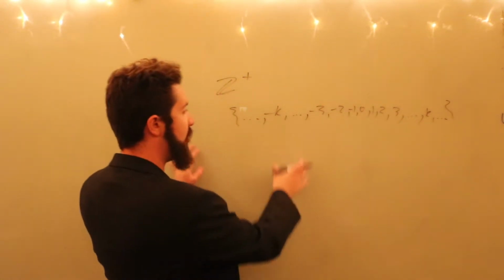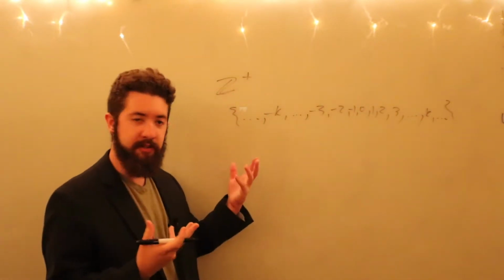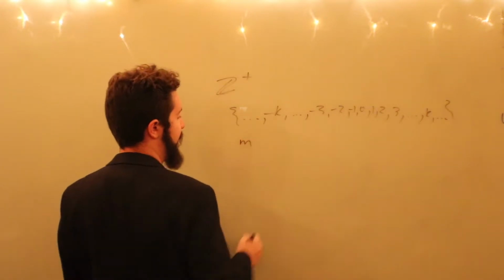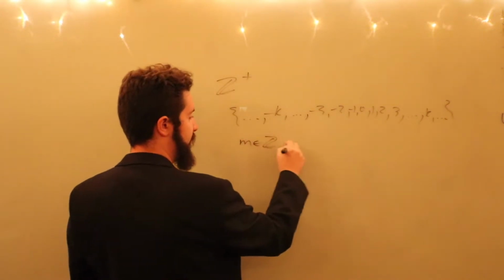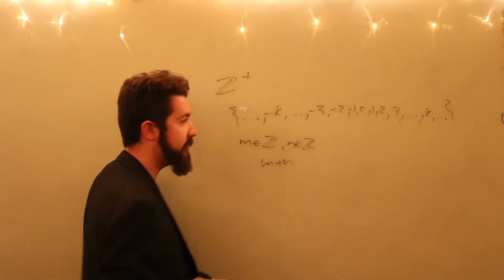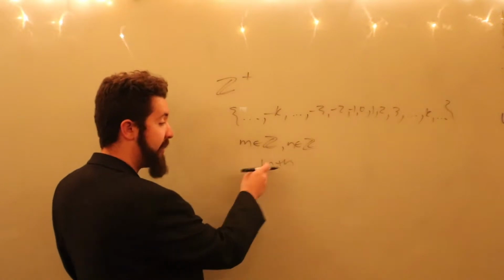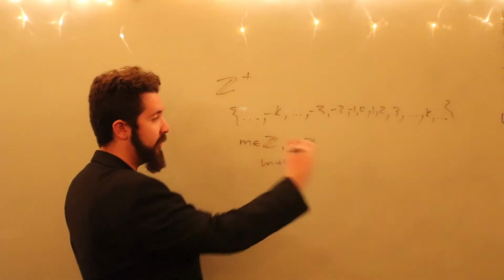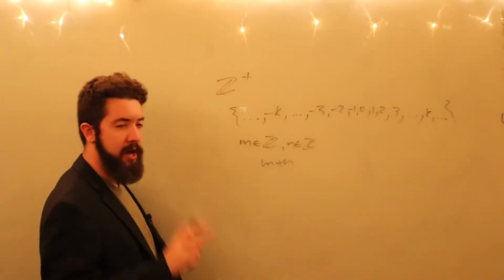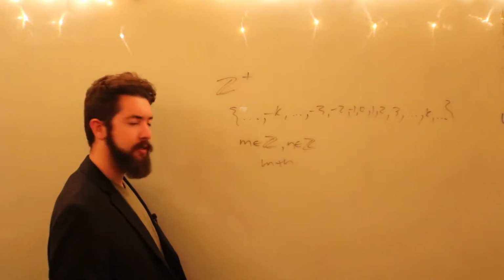So it's all negative integers, all positive integers, and 0, the integers in short. So if we have m in Z and n in Z, then m plus n is clearly going to be another integer, right? You can just count n past m, and that will land you on another whole number, or integer here. So it's closed.